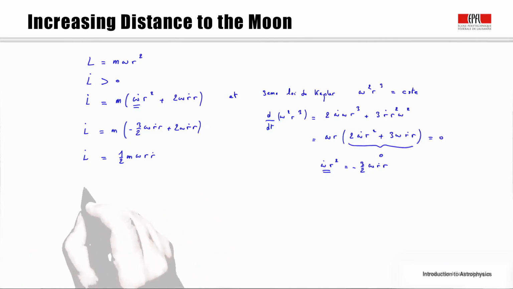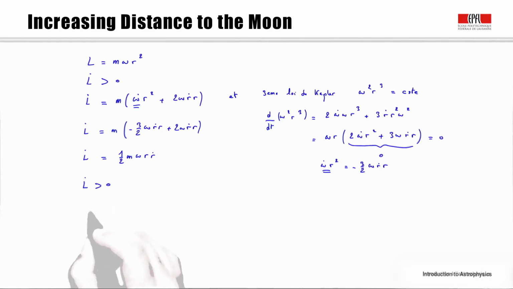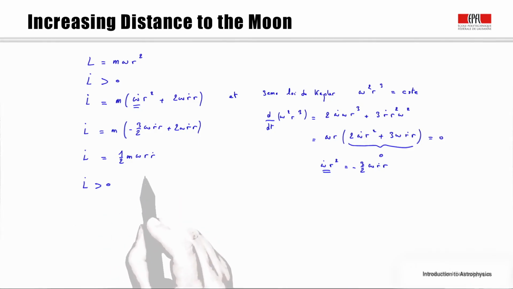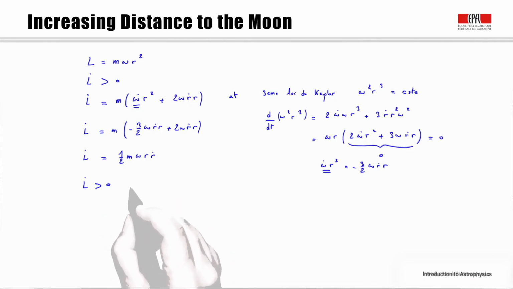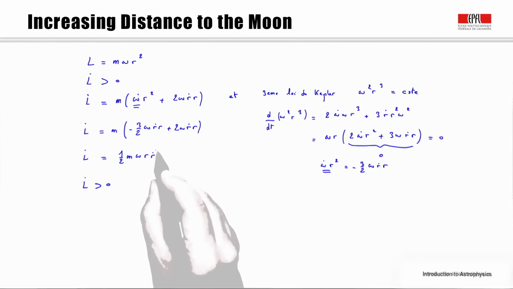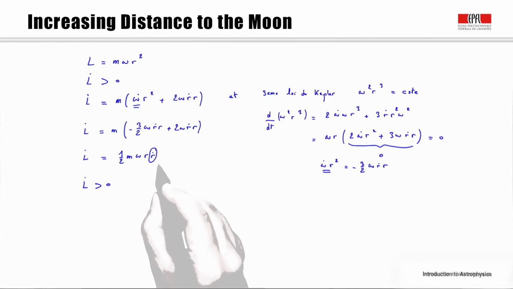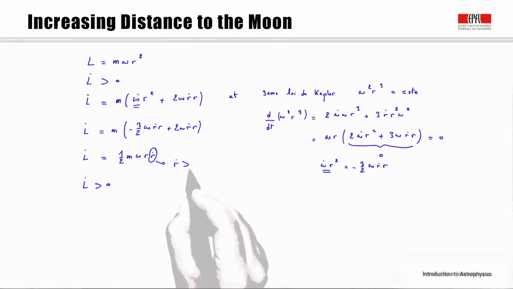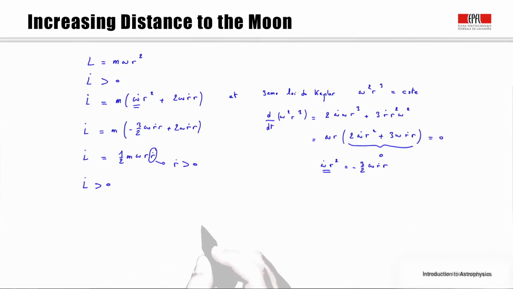It was said that L dot is positive, so looking at this expression, one sees that if m, ω, and r are positive, ṙ also has to be positive. If ṙ is positive, it implies that r increases, and so the moon moves away from the Earth.